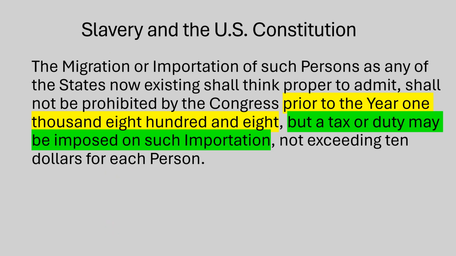Keep in mind, in the U.S. Constitution, it does reference the year 1808, and in the year 1808, that will be the time where Congress can actually do something about the importation or about slavery.